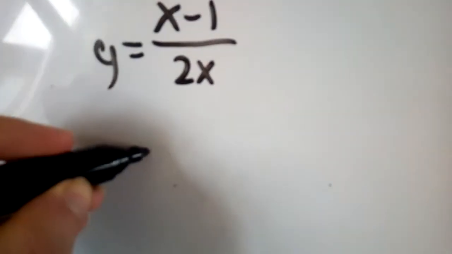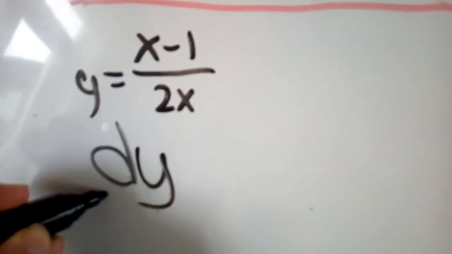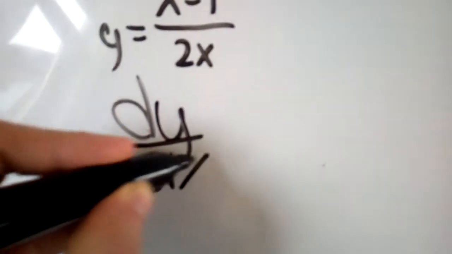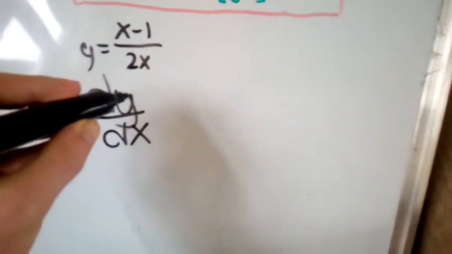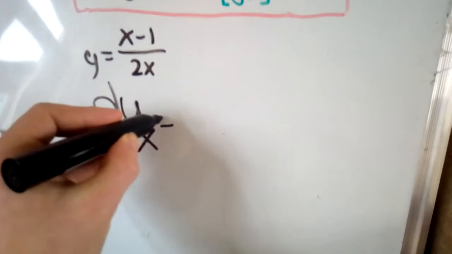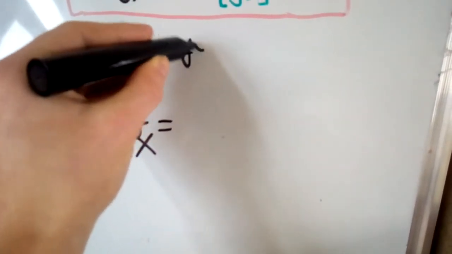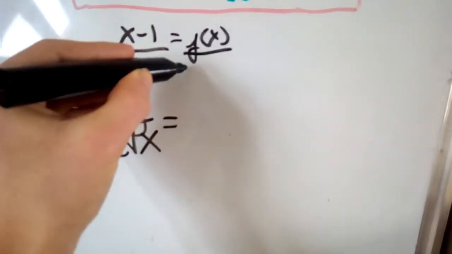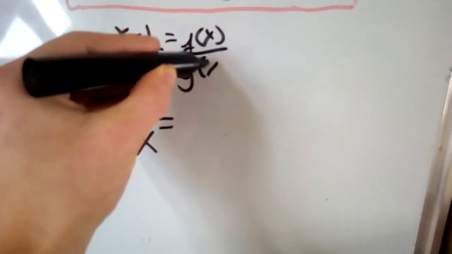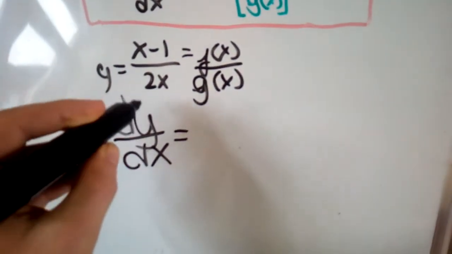So if I write that dy/dx is equal to, now let's input f of x and g of x into this to find its derivative.